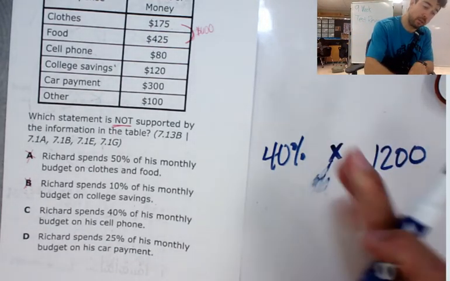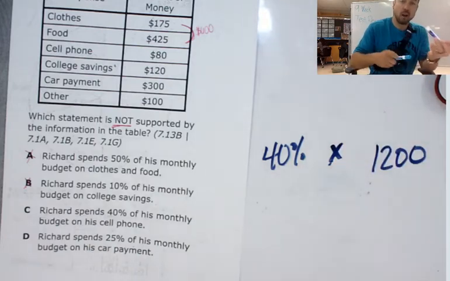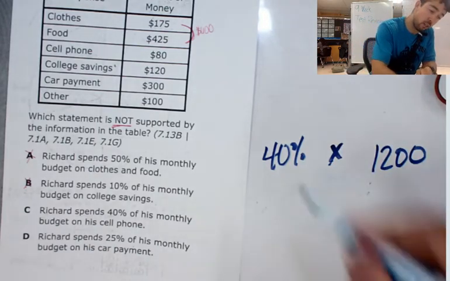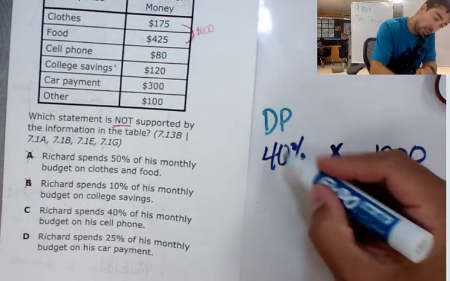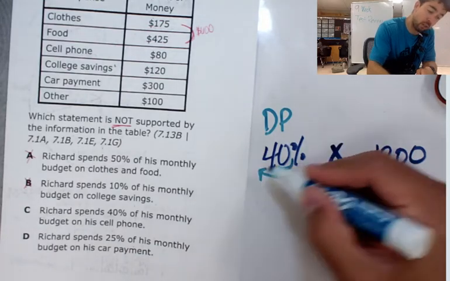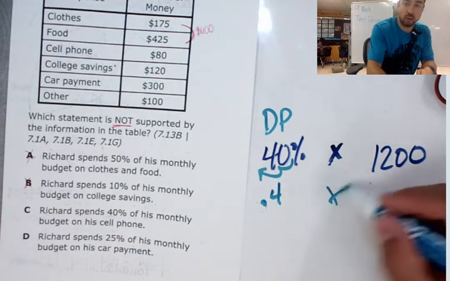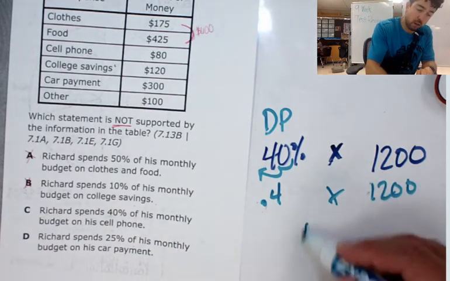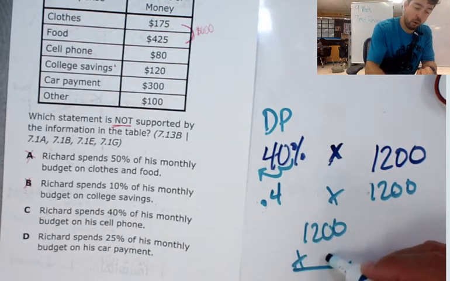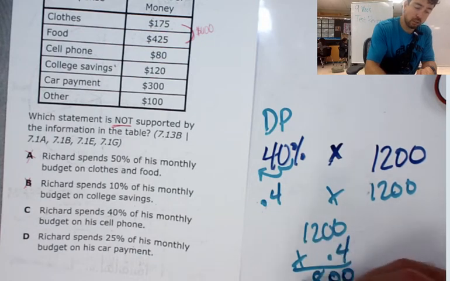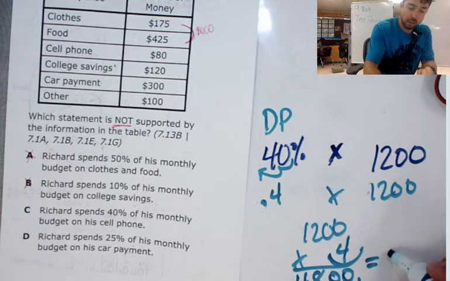Before we can multiply a percent, what do we need to do to it? Dr. Pepper. Convert it into a decimal. We're going 2 spaces to the left. We end up with 0.4 times 1200. If I do 1200 times 0.4, we had one decimal place, so our answer has to have one decimal place, equals 480.